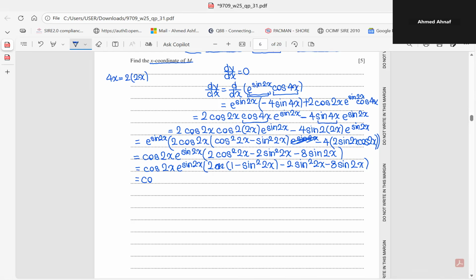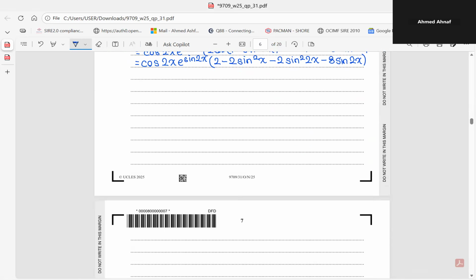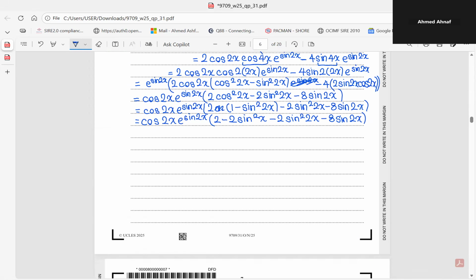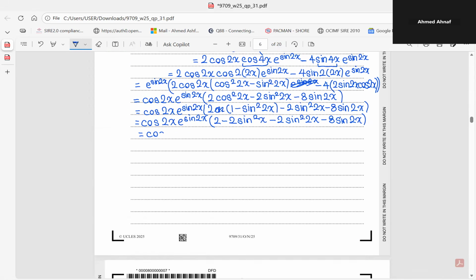This will be equal to cos 2x times e to the power of sine 2x, 2 times 1, that's 2, minus 2 sine square 2x, minus 2 sine square 2x, minus 8 sine 2x.